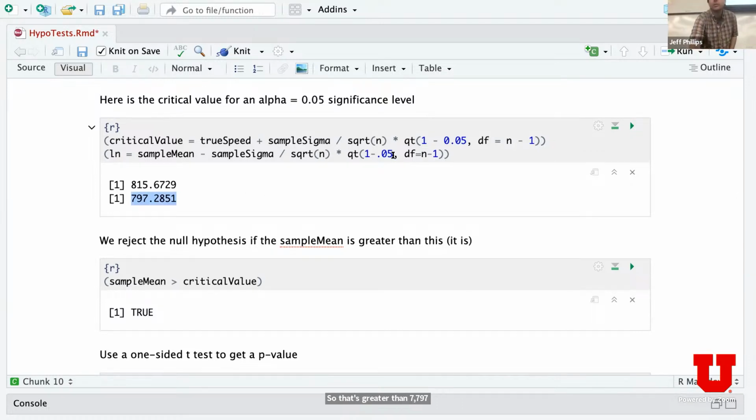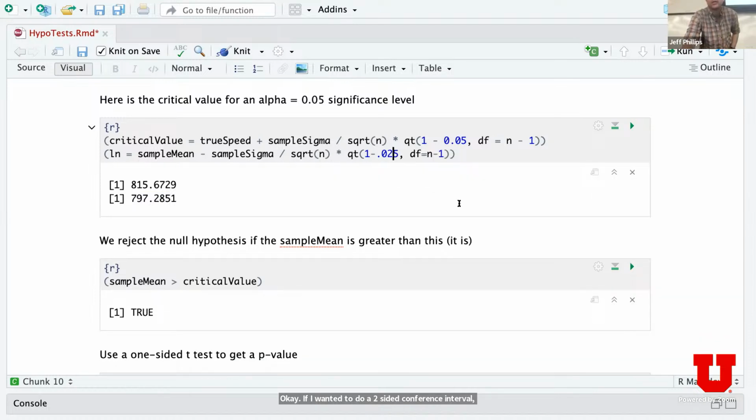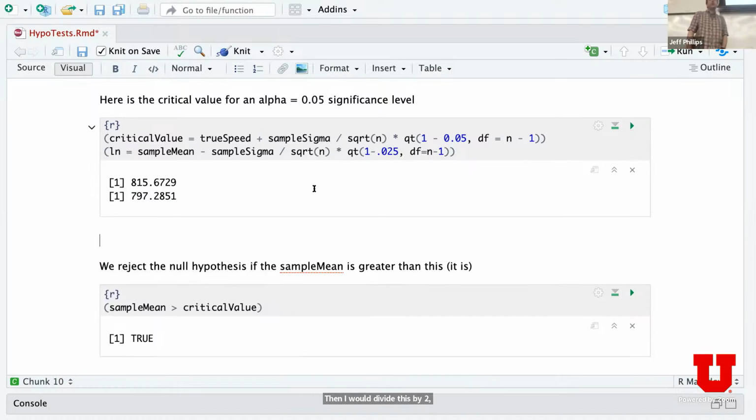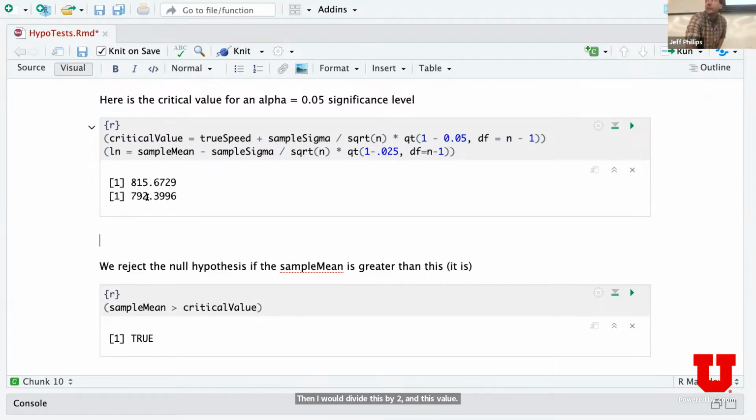If I wanted to do a two-sided confidence interval, then I would divide alpha by 2, and this value is even smaller. It's saying it's inside this distance.